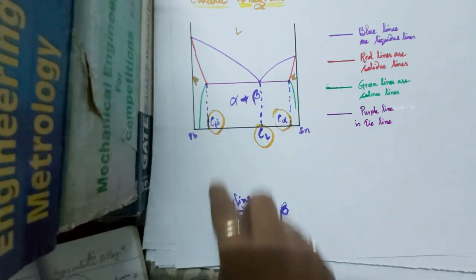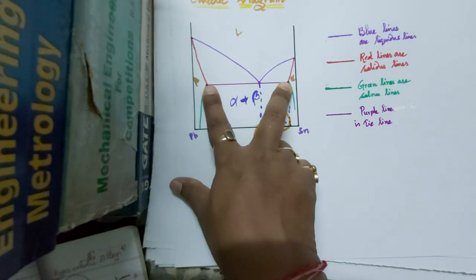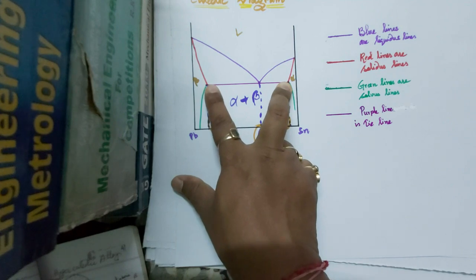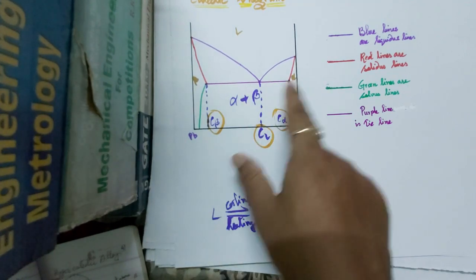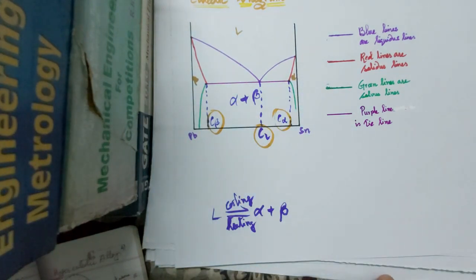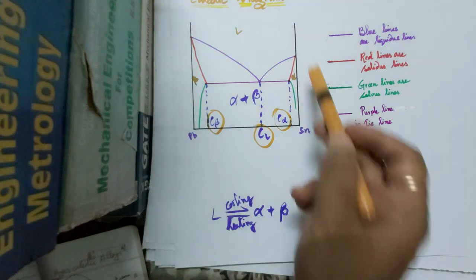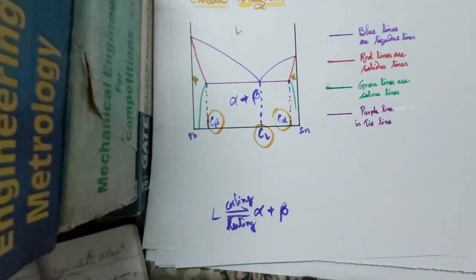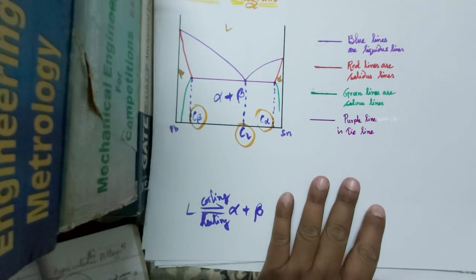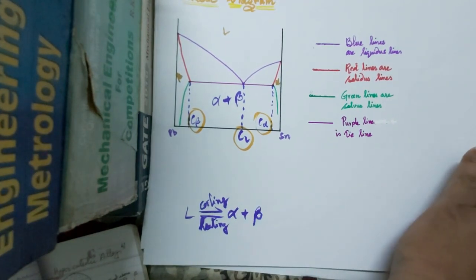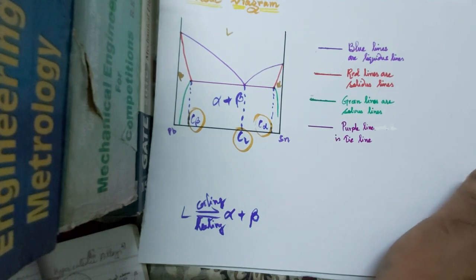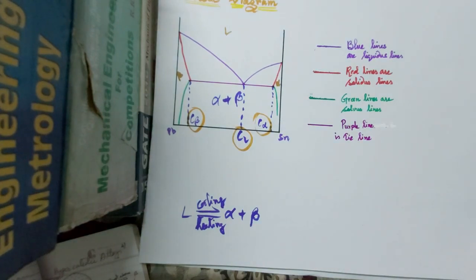So along this tie line or isothermal line, three different compositions are in equilibrium. So this is not a simple type of phase diagram like that Copper-Nickel diagram, which was an isomorphous system.